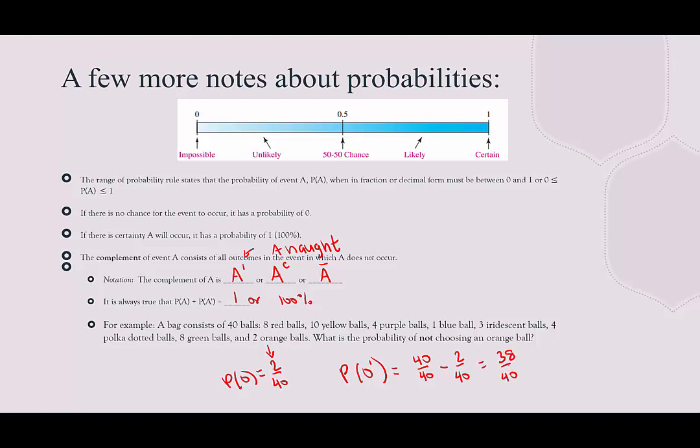You could also not use the fractions, right? You could say, well, there's 2 that are orange, which means 38 are not, and you could do 38 out of 40 that way. We should simplify it just a teeny tiny bit, and we end up with 19 over 20. If you don't like fractions and you converted this, there will be a 95% chance that you will not choose an orange ball. So that's how we could use the complement when talking about probabilities.